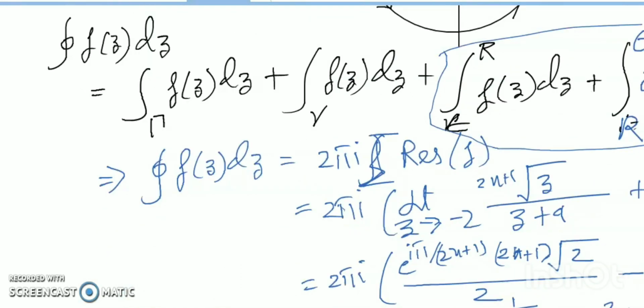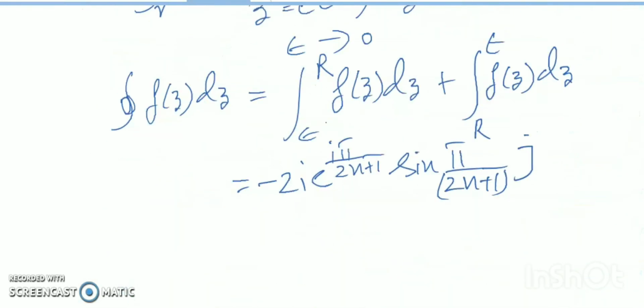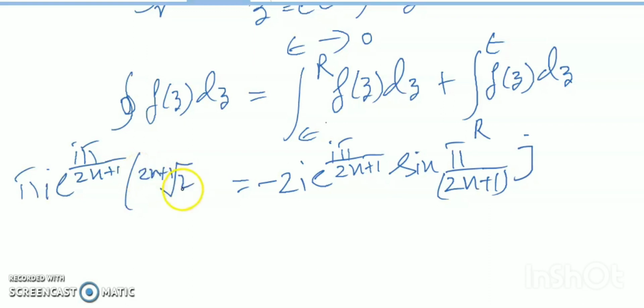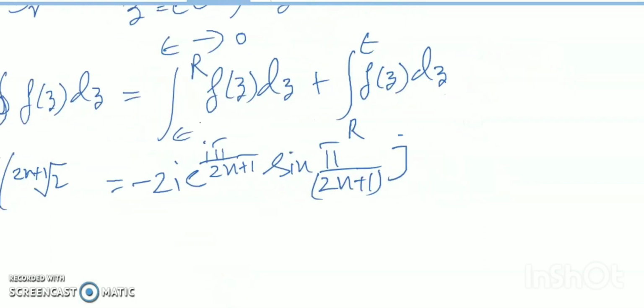This value we got that pi i, okay, pi i e to the power i pi divided by 2n plus 1, 2n plus 1 root over 2, okay, minus 2 to the power 2 divided by 2n plus 1.